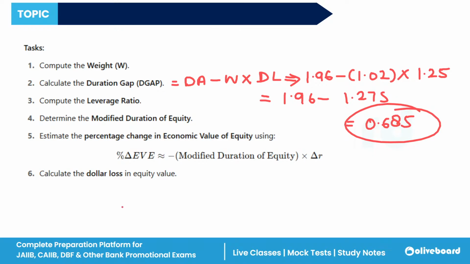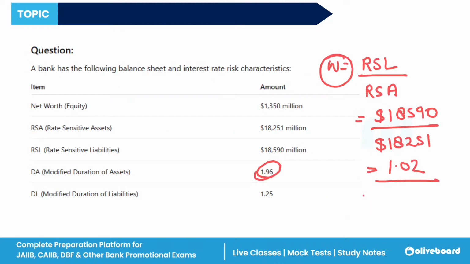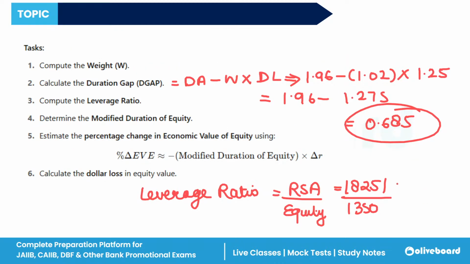Now how to calculate the leverage ratio? The formula for the leverage ratio is RSA divided by equity. RSA is 18251 and equity is 1350 according to the question, which is equal to $13.52. Now the percentage change in equity, how can we calculate it?